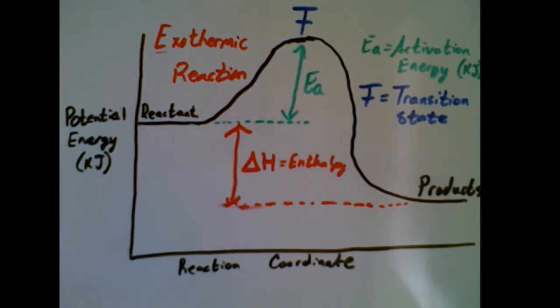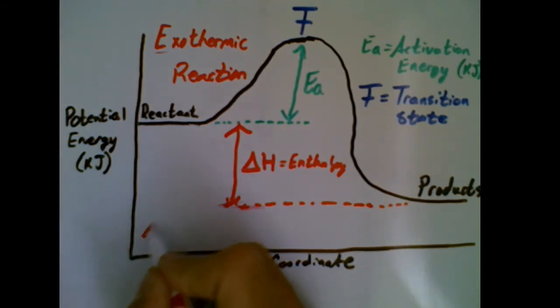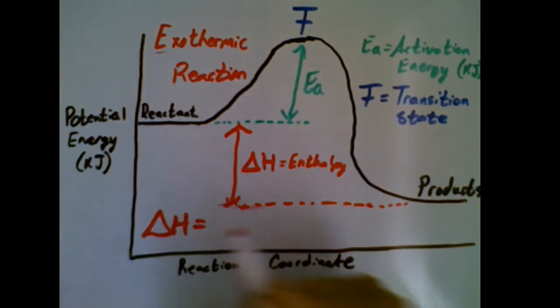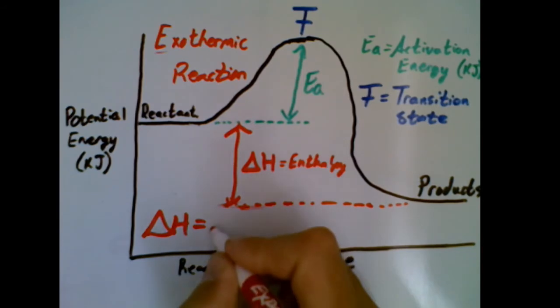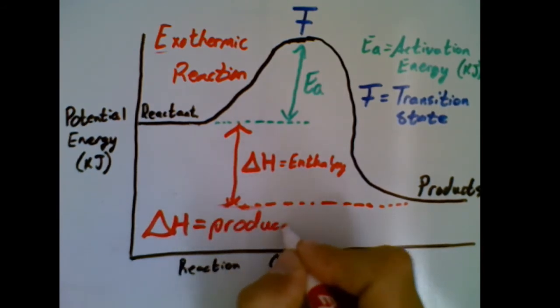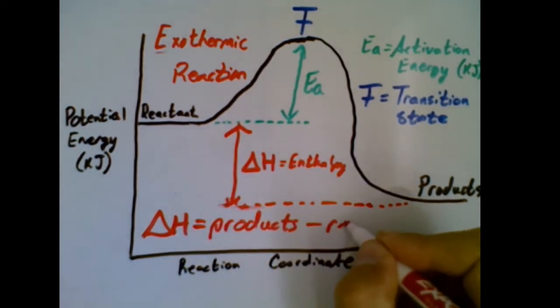an exothermic reaction. We can actually also calculate the delta H by taking the number for the products and subtracting it from the reactants.